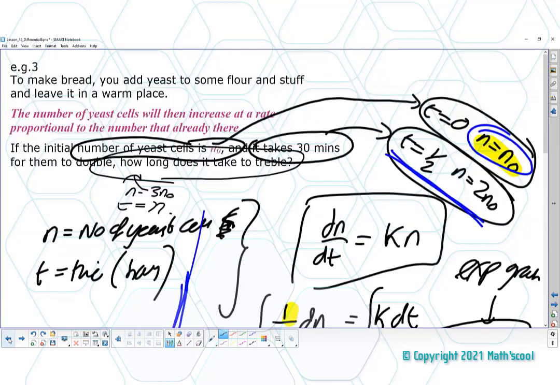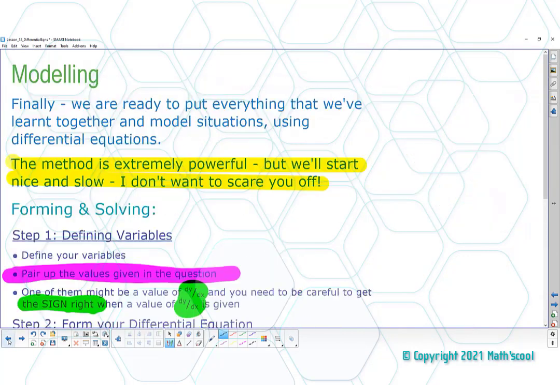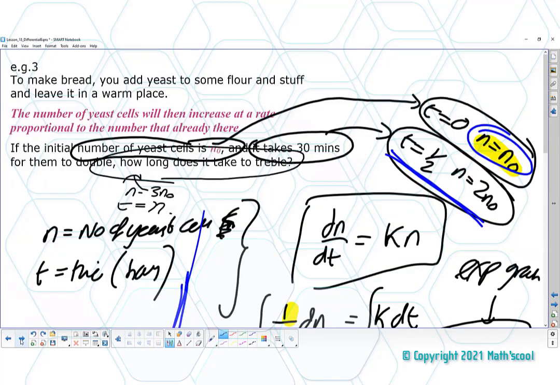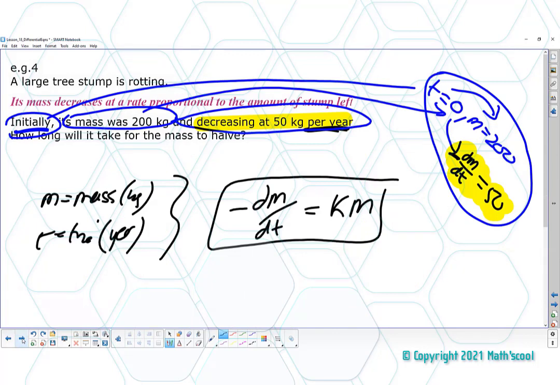It says here, be careful to get the sign right. So I've got to be careful to get the sign right. You'll kind of know if you've got it wrong, because the k will end up being negative, and the k should be positive. Unless it's a question where you've not followed the rules, the k should be positive.